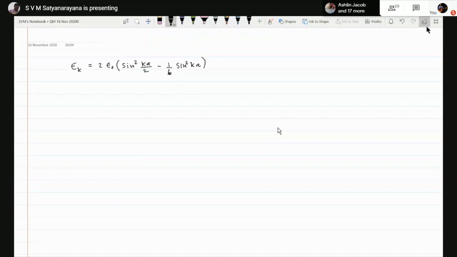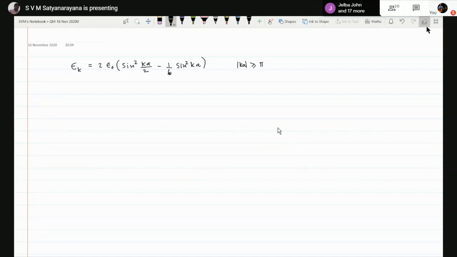That's all, where k is the momentum, a is the lattice constant, epsilon naught is a constant having dimension of energy, and the absolute value of ka is greater than or equal to pi.